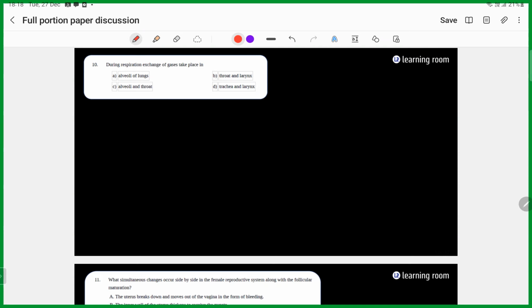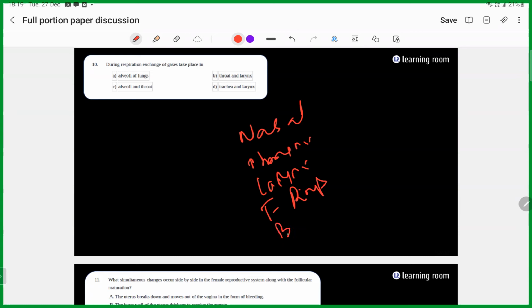Nasal passage, pharynx, larynx, trachea with the rings of cartilage, bronchi, bronchus singular, bronchioles, and then alveoli, alveolus singular. Very good.